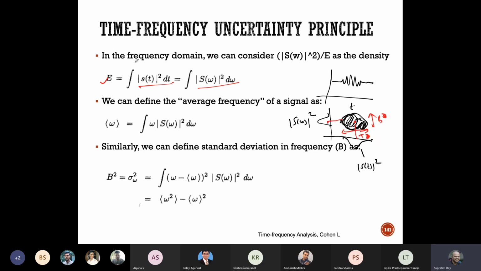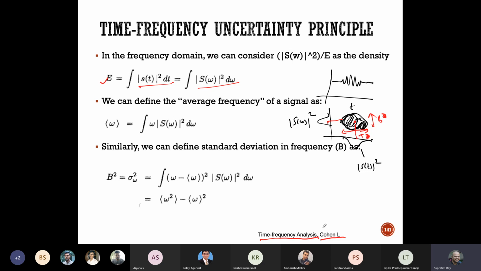Okay. So now let me tell you what the actual time frequency uncertainty principle is. The proof is there in Leon Cohen's book, Time Frequency Analysis. It's an excellent book. It's also relatively easy to read. So if you are interested, this is a good book for you to follow these concepts on.